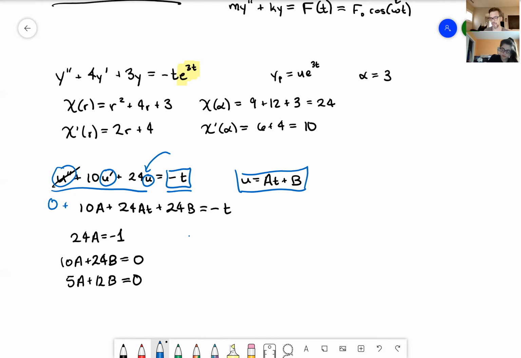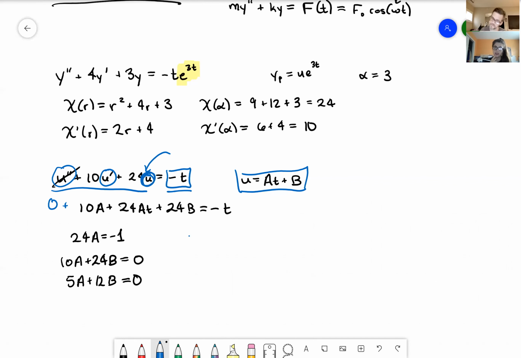And I know that will happen with a general linear because I have this u here already, and that term will be a linear. The other terms will be lower degree, but that's okay, because as long as I have the full degree somewhere, it'll be okay.